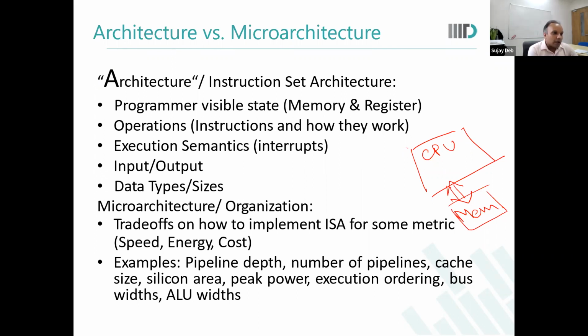So in the CPU, I have an ALU, which will be waiting for two of its operands so that it can perform the function and get you the result.